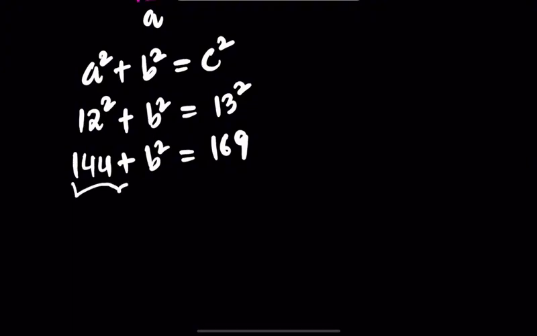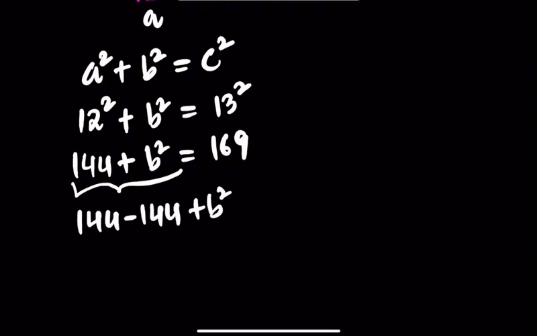Now on this side, we just want the value of B, so we need to remove this 144 from this side of the equation. To do so, subtract 144 on both sides. So 144 minus 144 plus B square equals 169 minus 144.